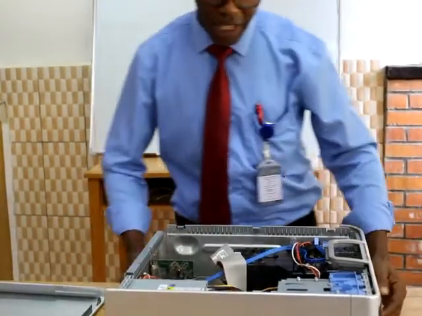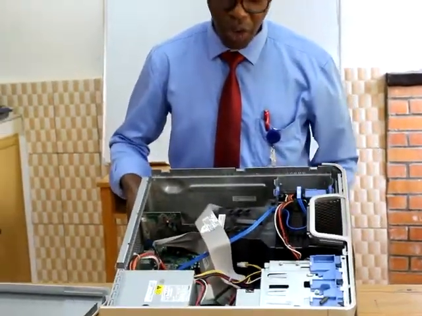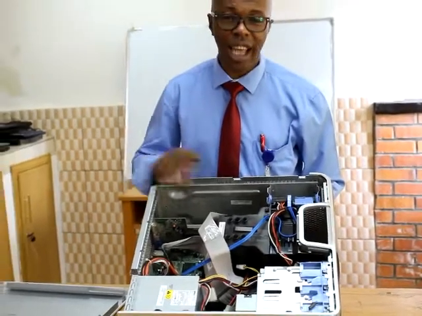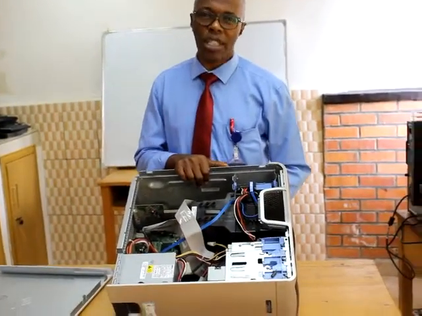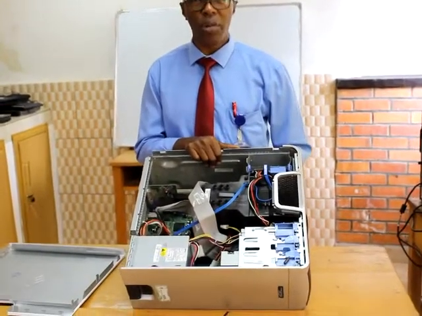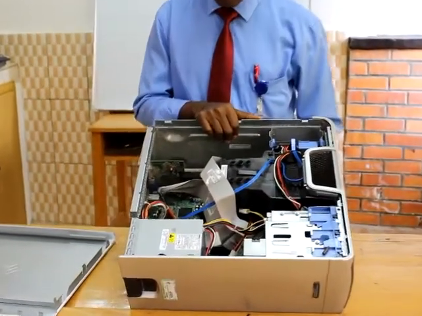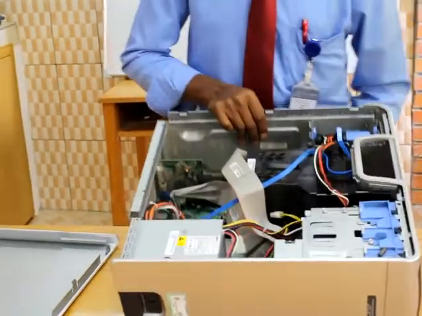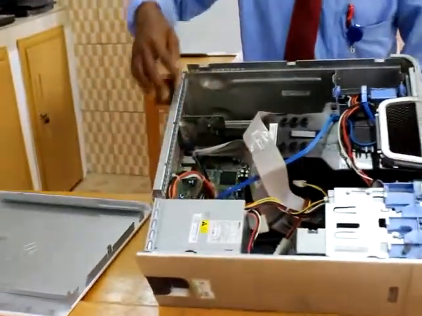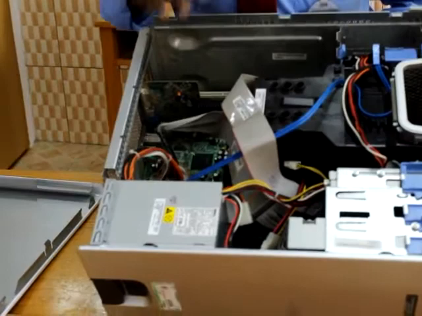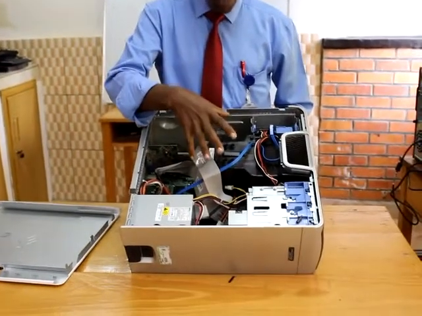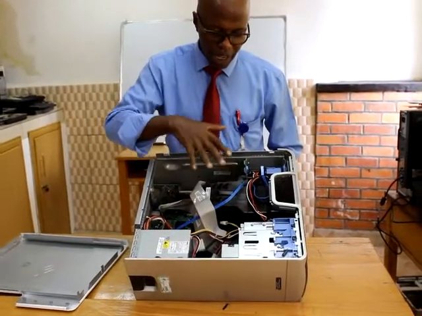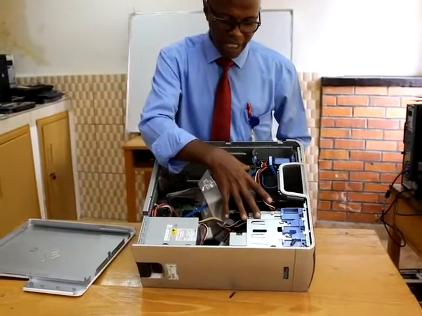From there, we'll go on to look at the inside of the computer chassis and see all the internal components of our computer system. First of all, this chassis is made in a way that it allows room for all the computer components inside it.